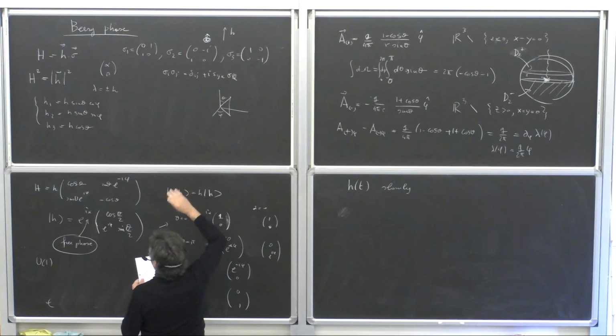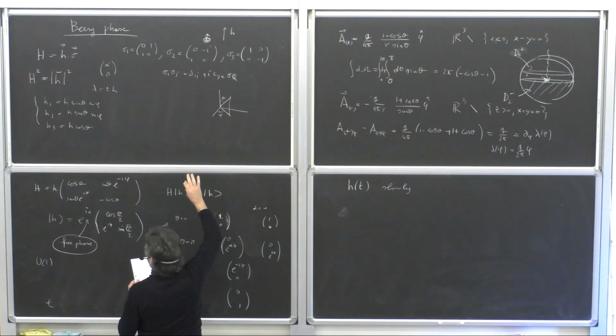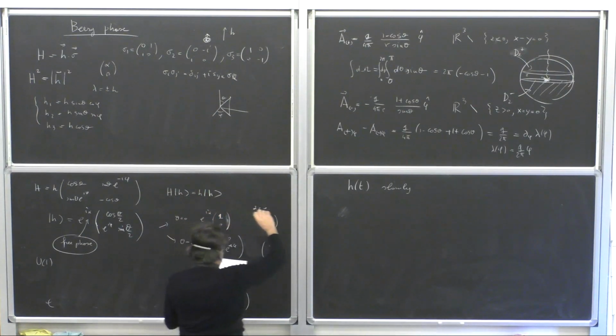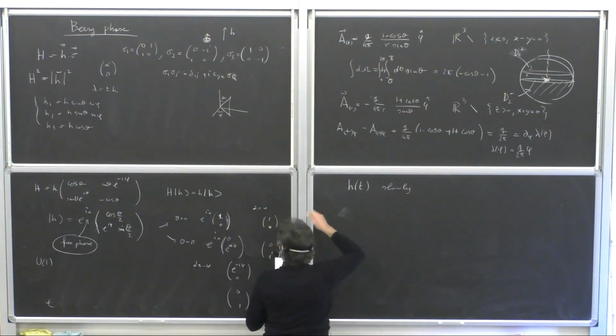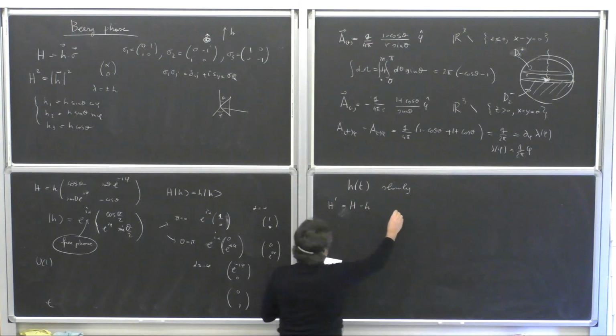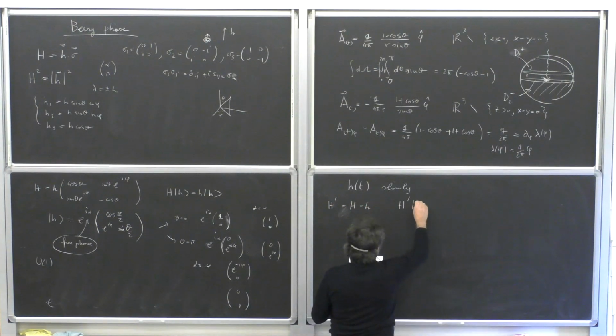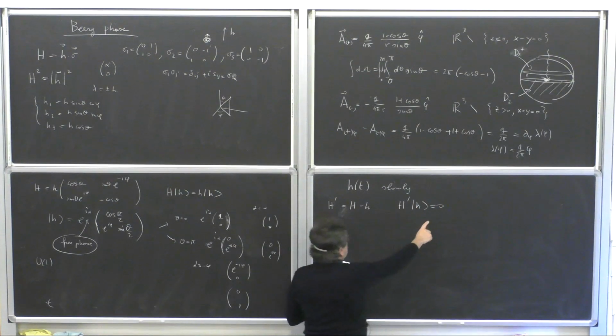Let me put the system in the upper eigenvalue, and I subtract the value h, so let me define h prime as h minus h, so h prime on h makes 0. This avoids a trivial phase, okay?